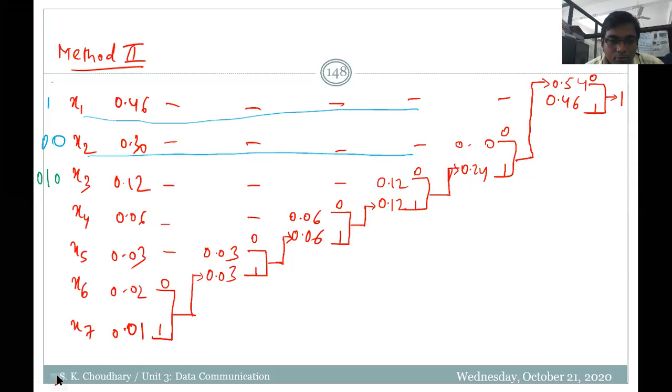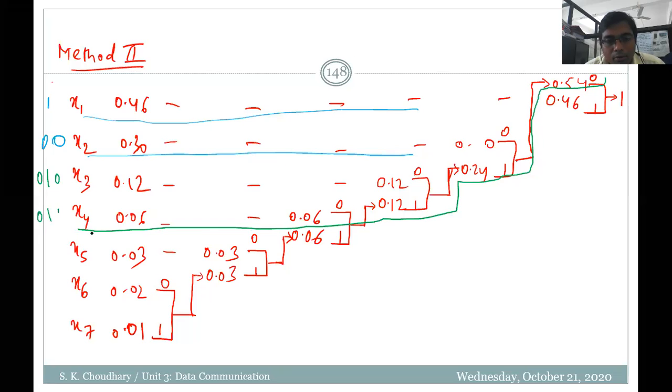Simultaneously, you also have to note down all the values that I have done here. Now we have to go to the next, that is x4. Again come to this point, 0.54, then this is the value. Now this is very simple for tracing because we have kept it below. So it would be 0, 1, 1, 0.